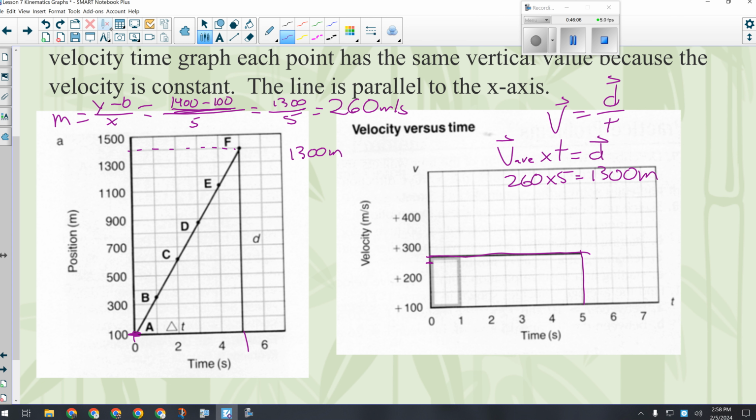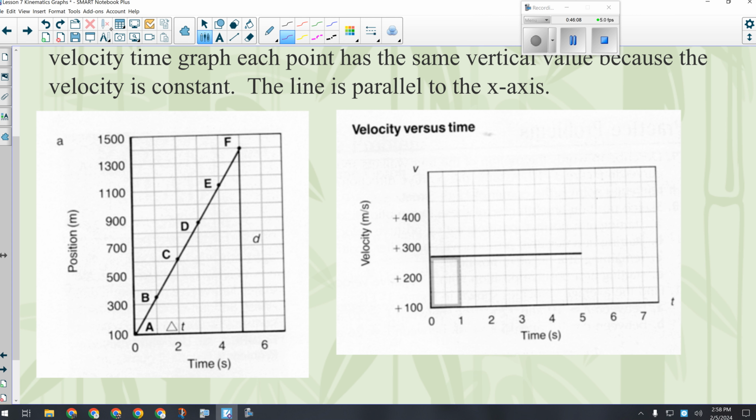Now, what if the graph looked like this instead? Now, instead of a rectangle, I have a triangle, right? If I want to calculate the area underneath the line like this, now it's a triangle.